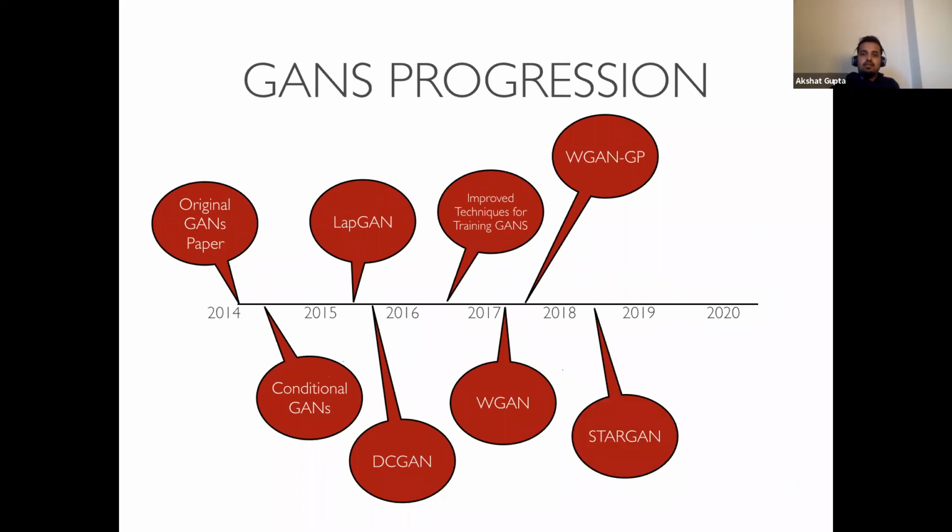StarGAN was one of the important papers which did multi-domain image-to-image translation, which was not possible before. All of these cool applications come from conditional GANs. It's a really easy concept in some sense, one of the easier extensions to GANs, but I think one of the more powerful ones.